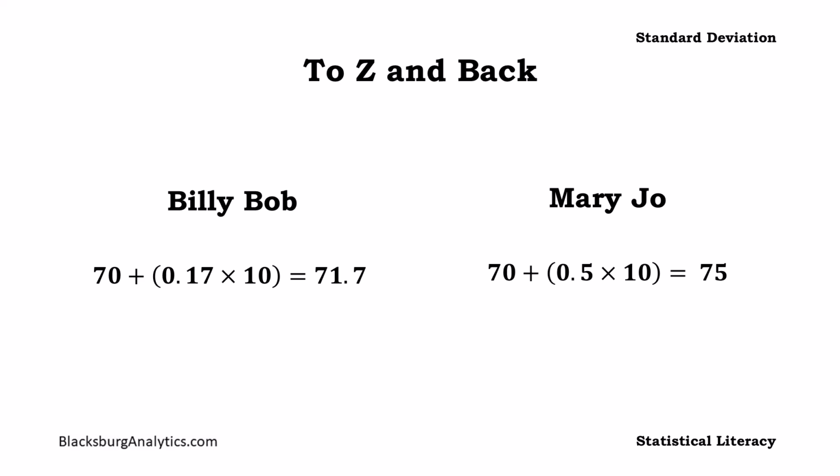On the 70 average and 10 standard deviation scale, his new score is 70 plus 0.17 times 10, which is equal to 71.7. Mary Jo's score is 70 plus 0.5 times 10, which is equal to 75. Mary Jo will have a higher grade on the new scale.